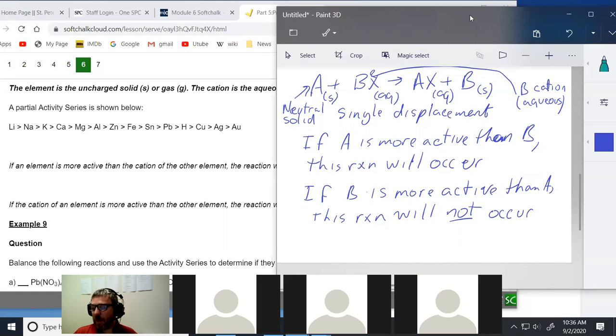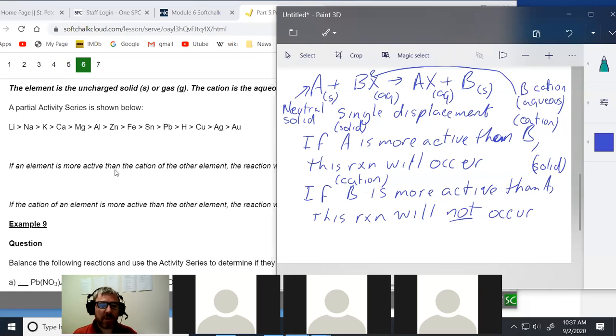So that's why we can say A is the solid and B is the cation. And that's how you can tell.